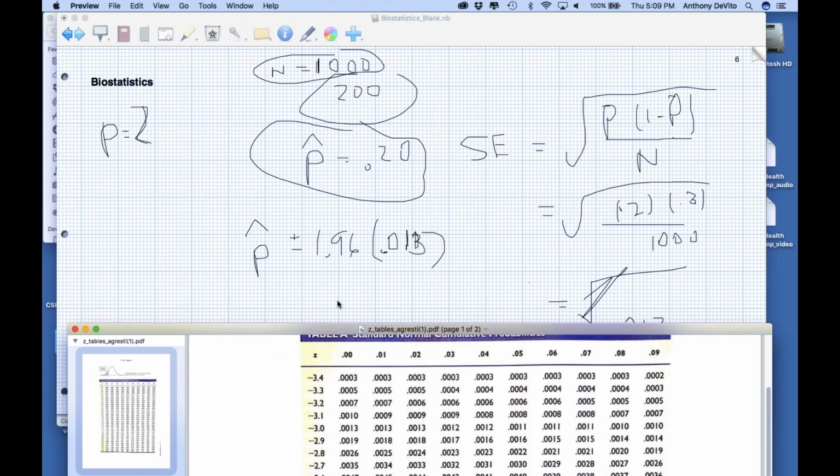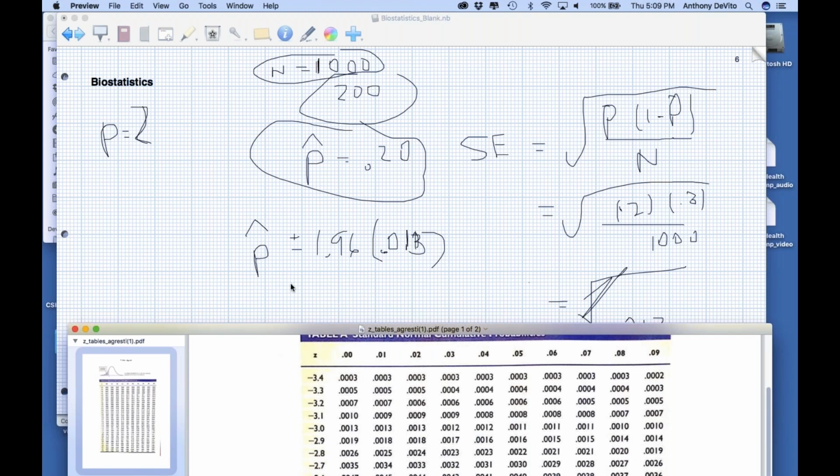Because we don't know what the real proportion of the population is. So we're doing this just like we would do it for a mean. We're using it for a proportion also, because it's the same deal. It's going to be normally distributed. In other words, if 20% of the population took the flu shot and you randomly sample people, the proportion of your results is going to be normally distributed.